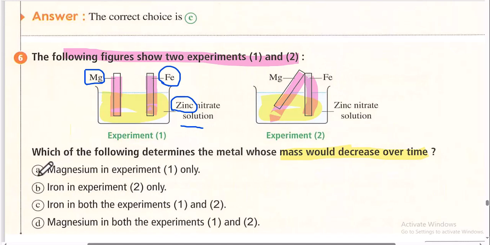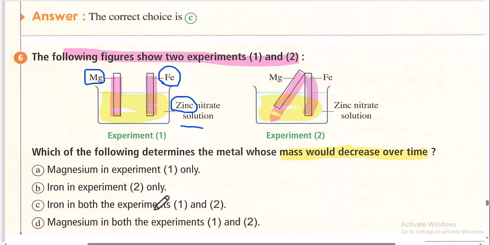So the first choice, magnesium in experiment 1 only, will decrease its mass. No, the magnesium in both cases. Iron in experiment 2, iron is less active than zinc, so it cannot replace zinc. It cannot be oxidized in contact with zinc, so it will not dissolve in the solution, so the mass of iron will not decrease.